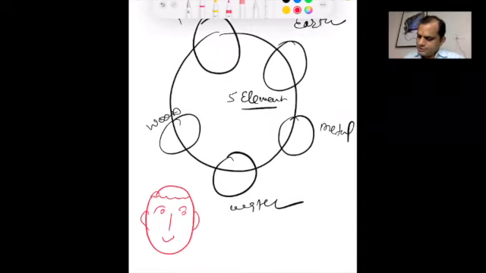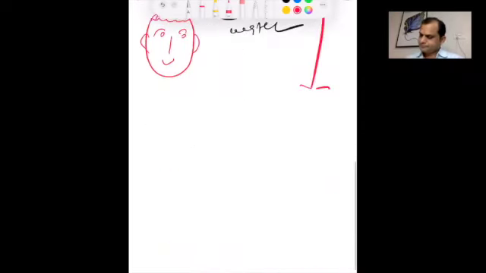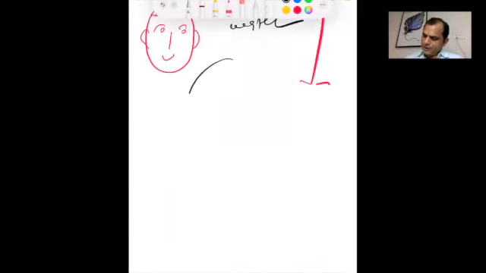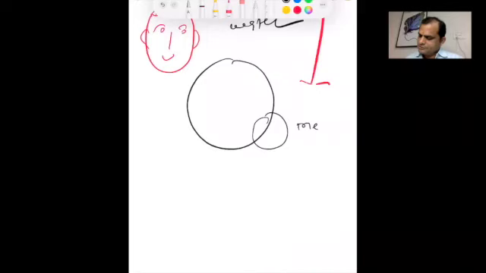Let's discuss that. Take any element. Okay, let's take the metal first. Metal. So in the five element cycle, this is the metal element which is connected with the lung and large intestine.